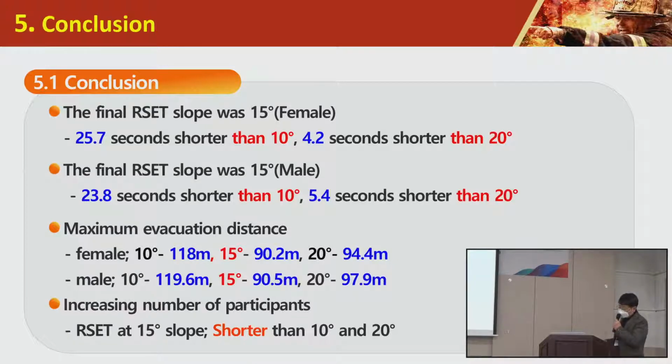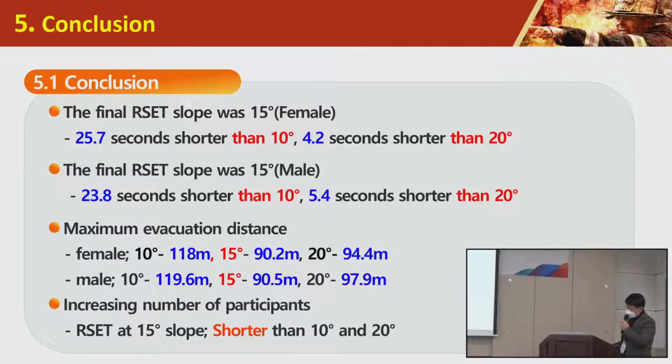Second conclusion was that also for male students, the final RSET at slope 15 degrees was 23.8 seconds shorter than 10 degrees and 5.4 seconds shorter than 20 degrees.